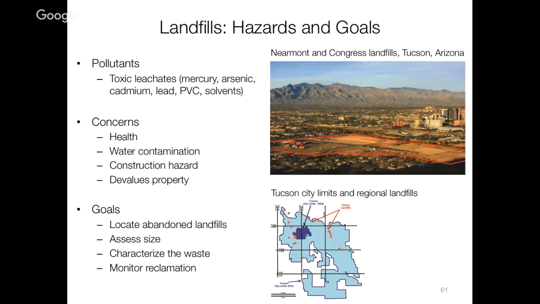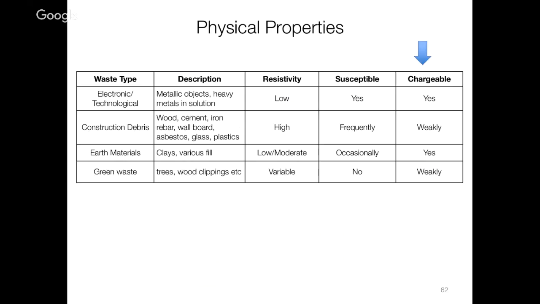So that means you need to locate the landfills. You may need to assess their size. You may need to clean them up, dig them up, and reclaim things. These are the kinds of things that are typically in a waste dump. There's a lot of electronic and technological stuff, construction debris, earth materials, green waste.